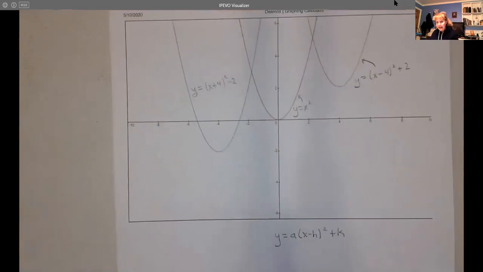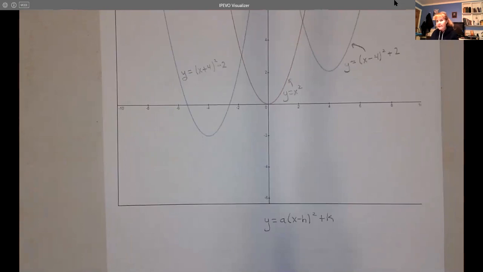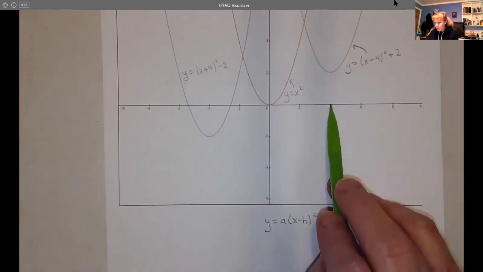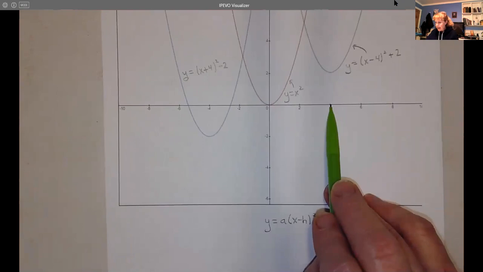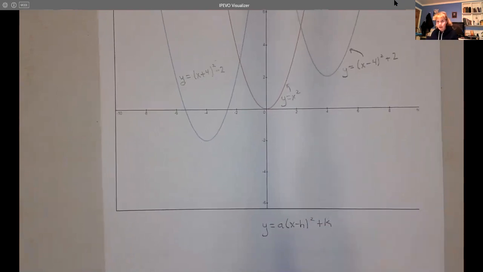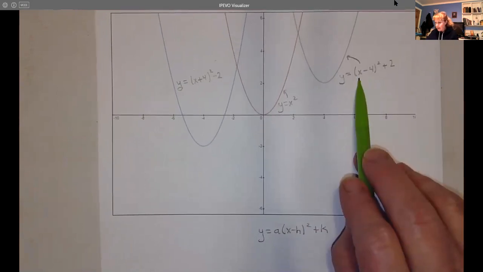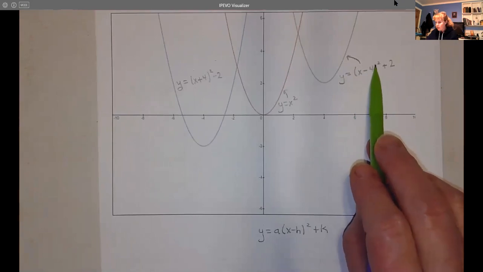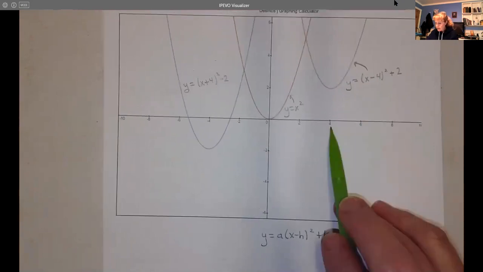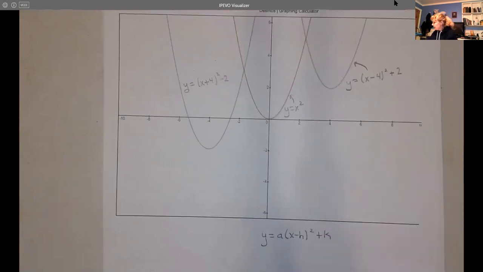What does the K do? Well, I took the one with the 4 here, and I added a 2 to it. On the last page, I had (x - 4) quantity squared. Let me get that back up.